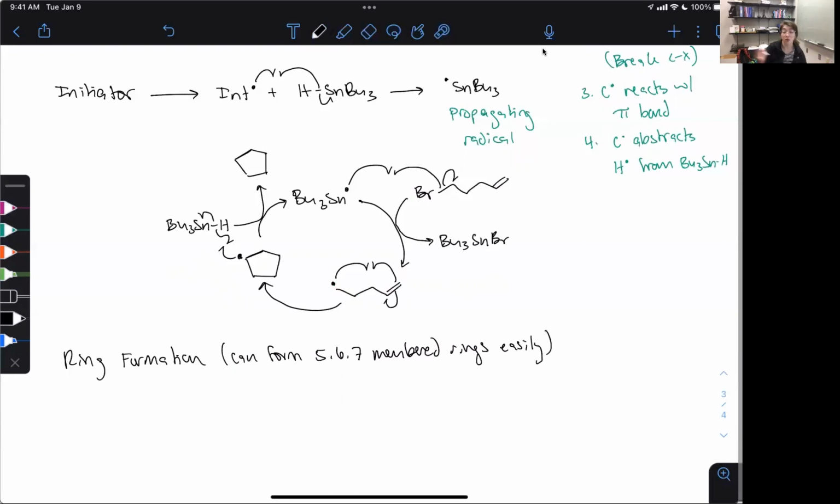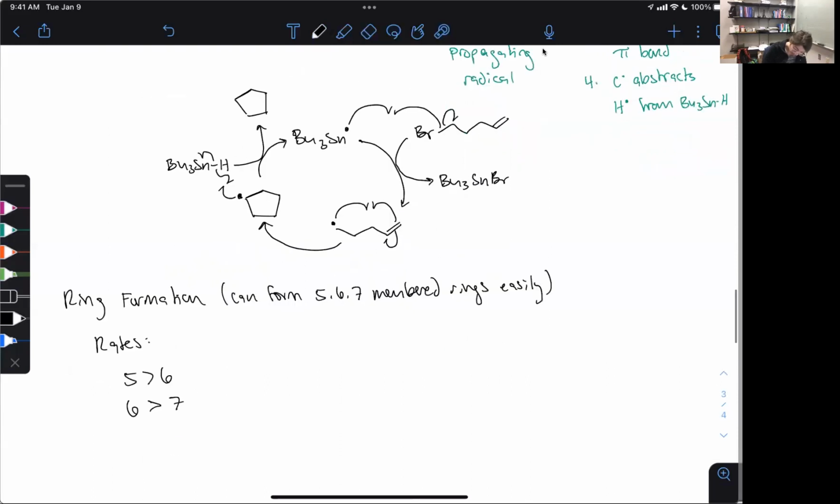And then within those, when you have to decide between a 5 or a 6, the rates, a 5 is going to be faster than a 6. 6 is going to be faster than 7, and 7 is going to be faster than 8.